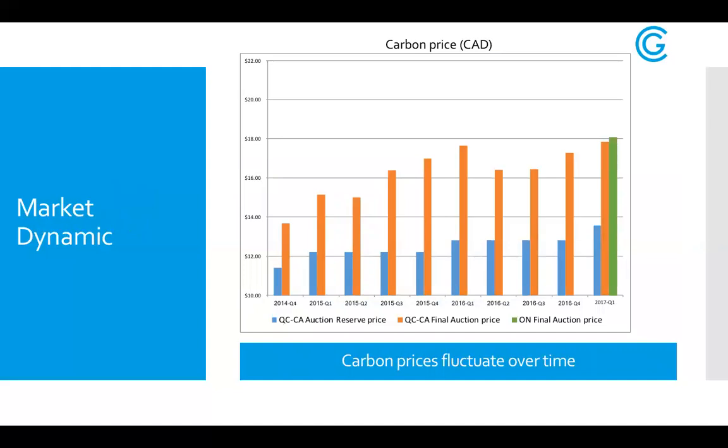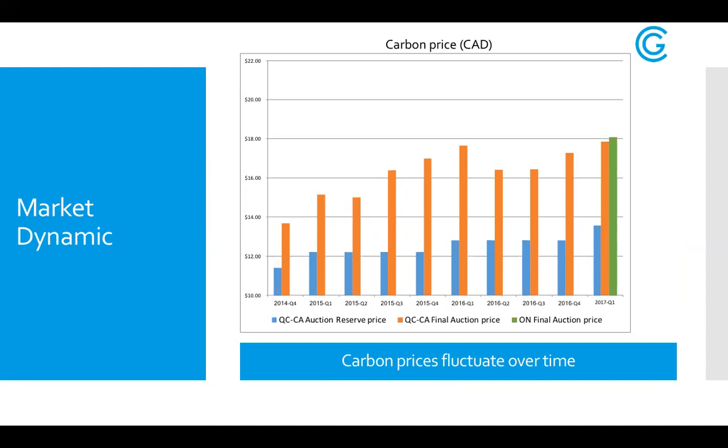Now, as we do in every webinar that we held, we also show a trend of the previous settlement price at the different auctions. What we see here are prices on the auctions that were held for the Quebec and California market, and the very first auction in Ontario is shown here with the green bars on the very last column.